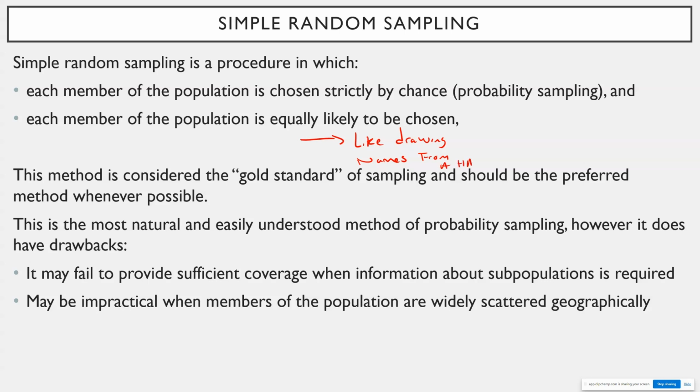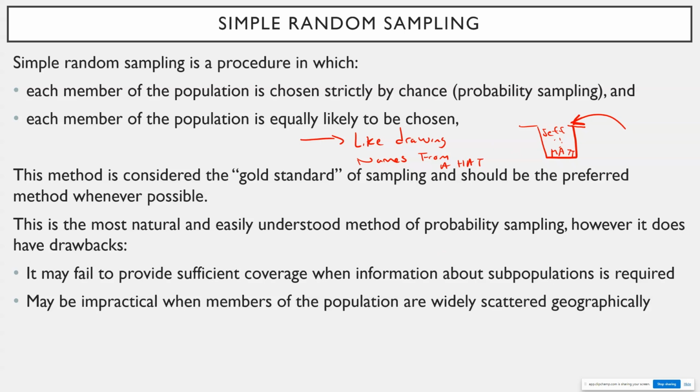You have all these different people in it, someone like Jeff, Amy, Melissa, all the way down to Matt. If you were to pull names at random from the hat, everybody is strictly chosen by chance, and each person is equally likely to be chosen.